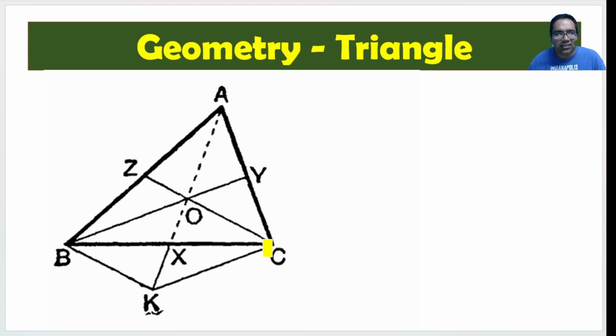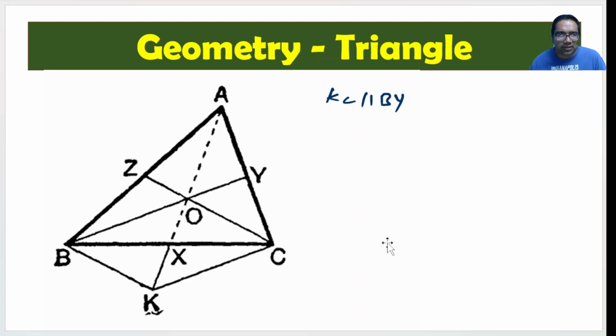Let us extend this and let it meet the line KC, which is parallel to BY. KC, which is parallel to BY, let it meet at K. So KC is parallel to BY.